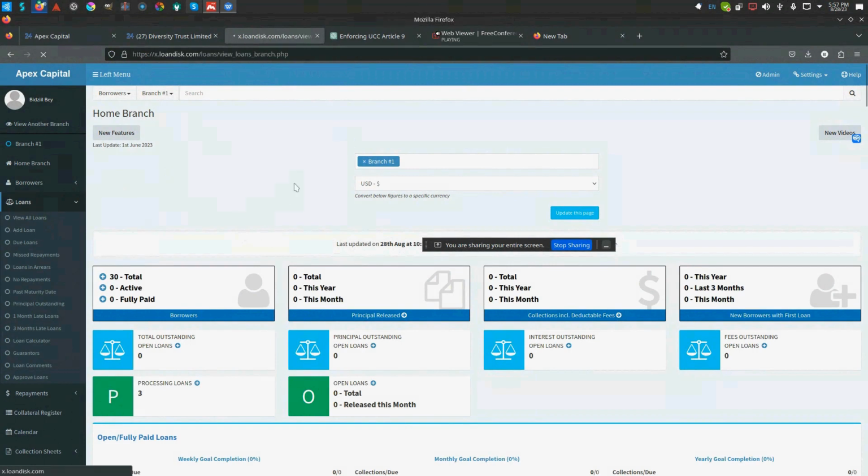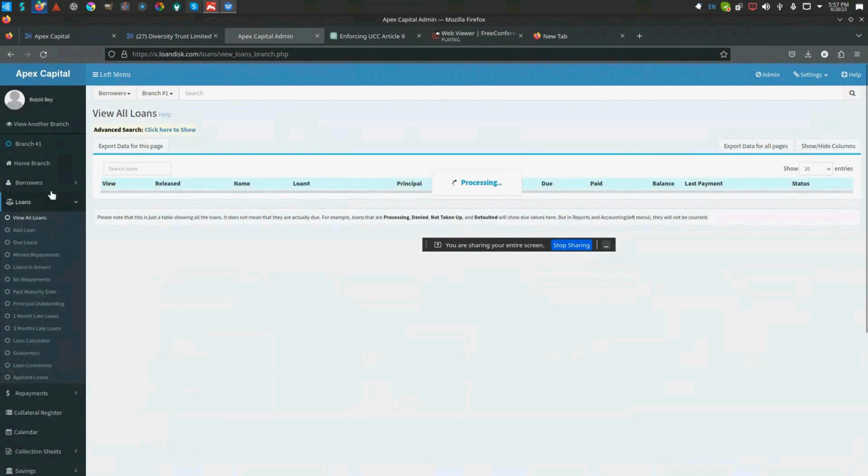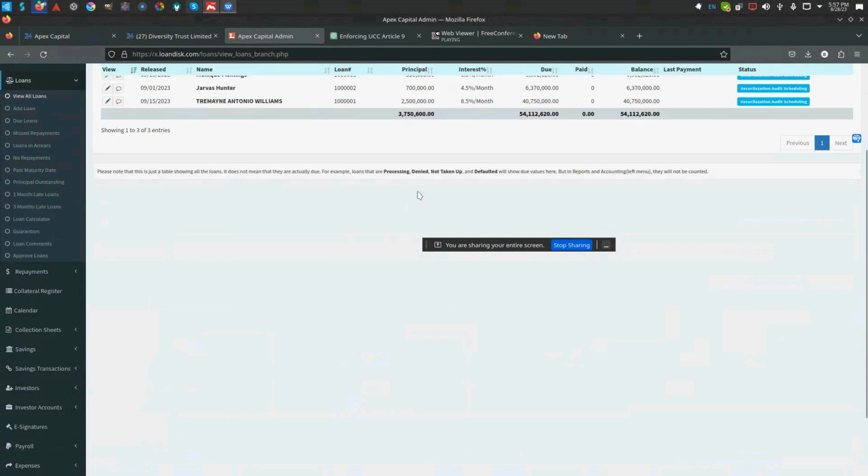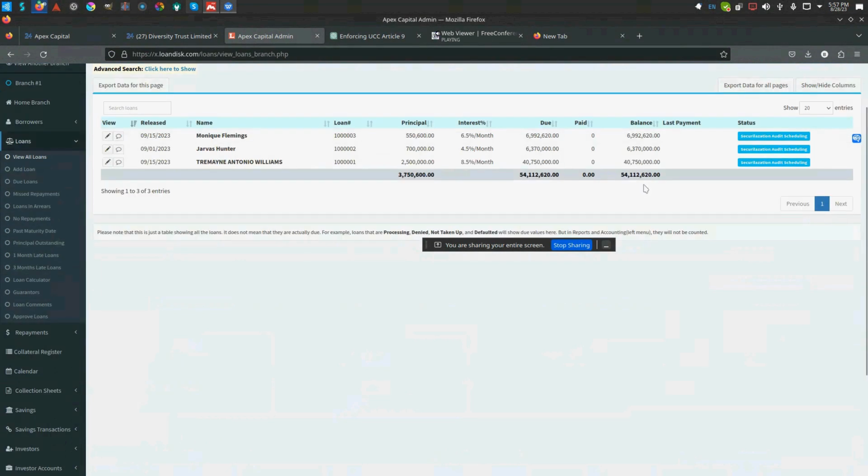And these are the ones that are already scheduled to be funded. So for some of you guys, you may see your name up in lights. Others, you may not see your name up in lights, but don't panic. Just understand that what I'm trying to do is show you something. See, we got about $54 million scheduled to be going out based on these 3 loans.